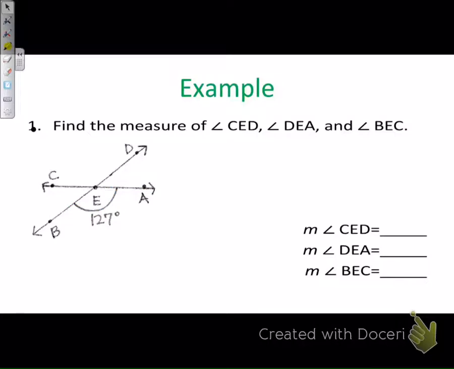Now, we know the vertical angles are equal to each other, so the angle that's opposite of it, we know that's 127, and that's angle CED.